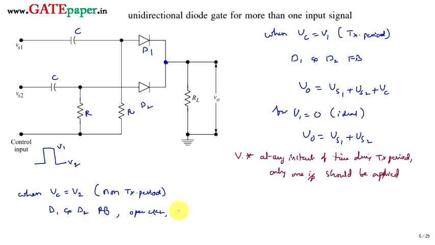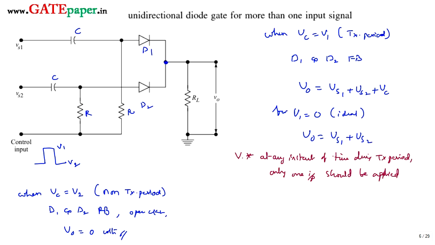When they are open circuits, V0 is independent of Vs1 and Vs2, so the output will be 0 volts. That means no transmission is taking place, and none of the input signals is present at the output side. During the transmission period, the output is a superimposition of Vs1 and Vs2 when V1 is at 0.